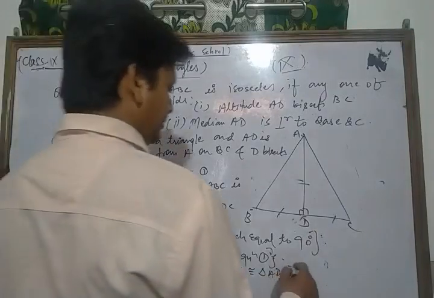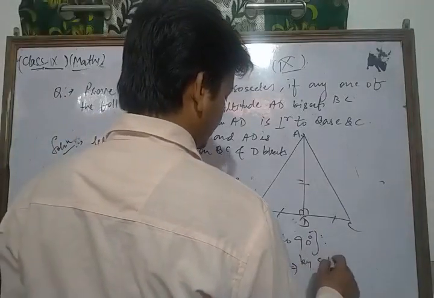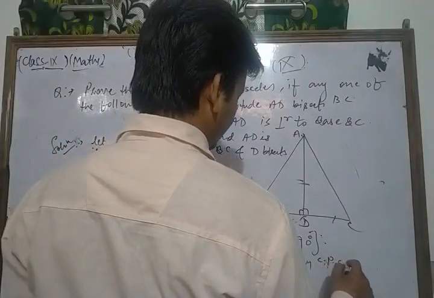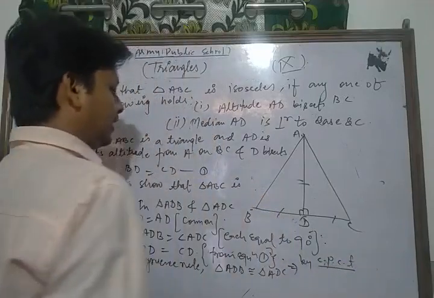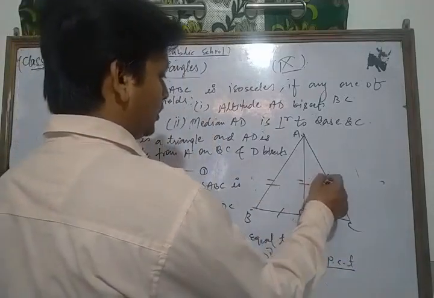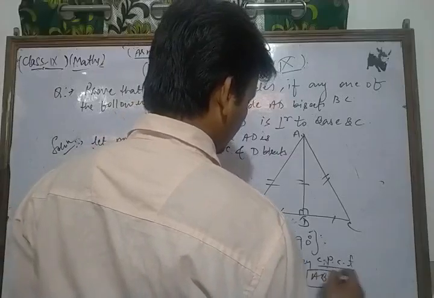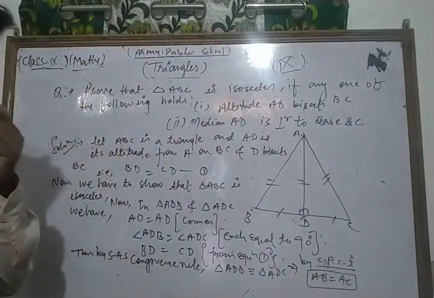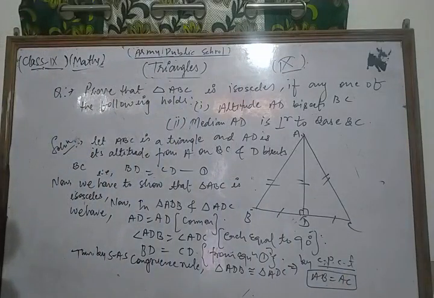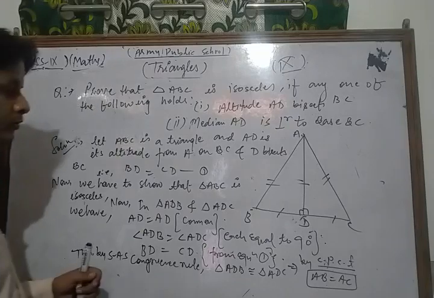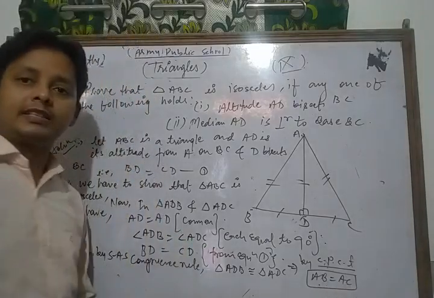Thus by CPCT, what do we have? AB is equal to AC.